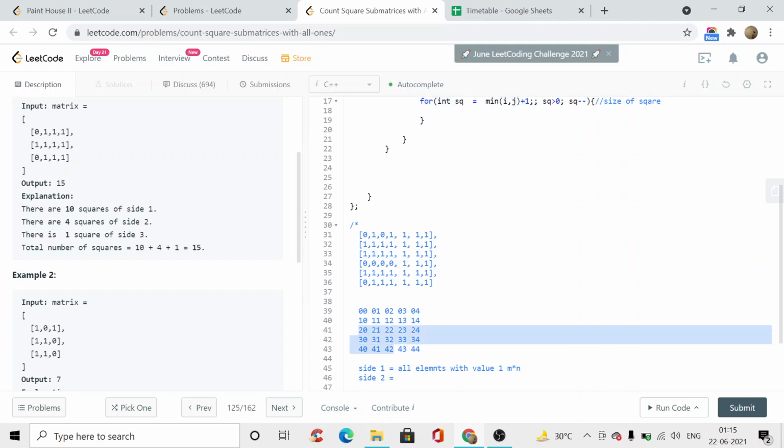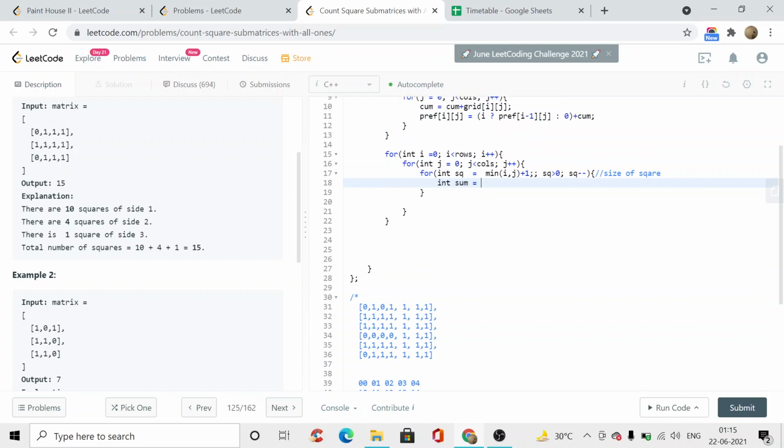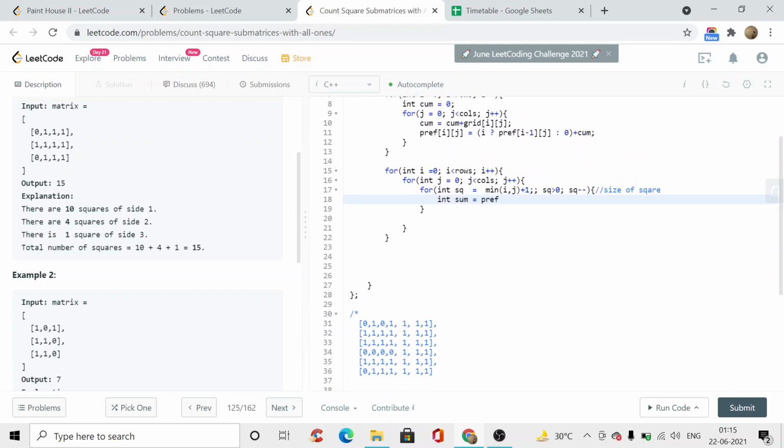So what will be the sum? And the sum is equal to pref of I comma j.